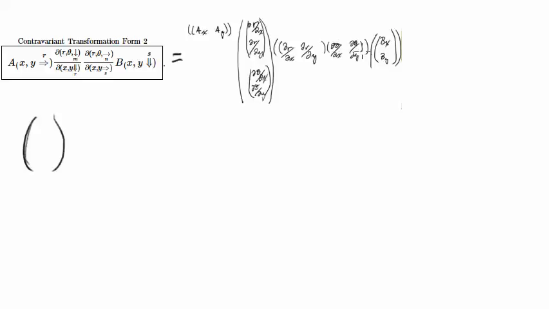Then do the same thing here, del r del x times b sub x plus del r del y times b sub y here, and then del theta del x times b sub x plus del theta del y b sub y right there, and then this would give us a 2 by 2.